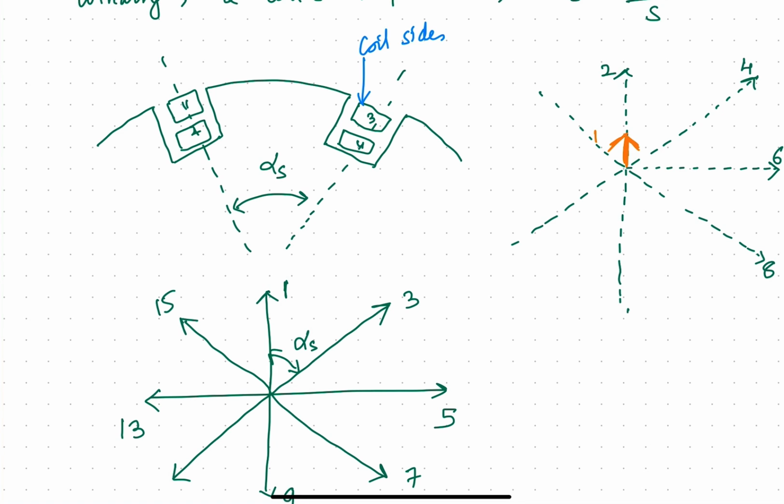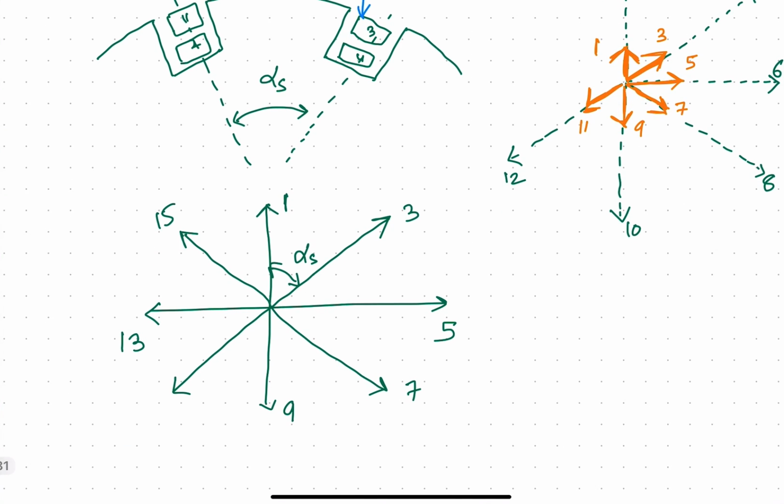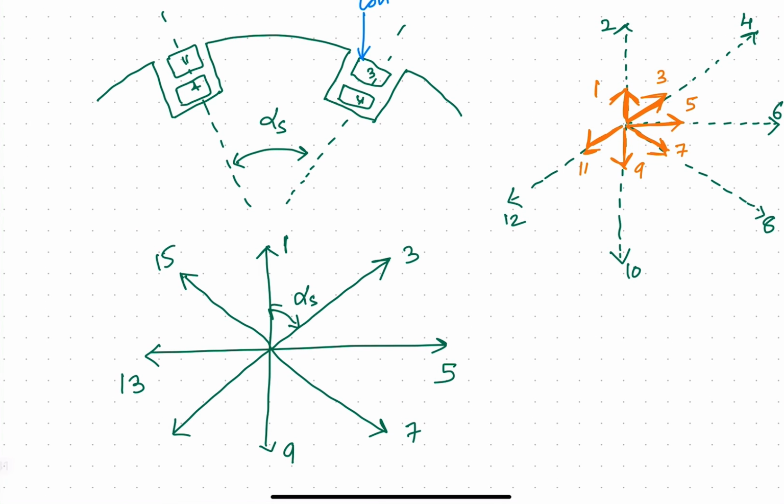This is 8. This is 1, 3, 5, 7, 9 and 11. I'll explain this in a bit. For the time being, just draw this diagram.